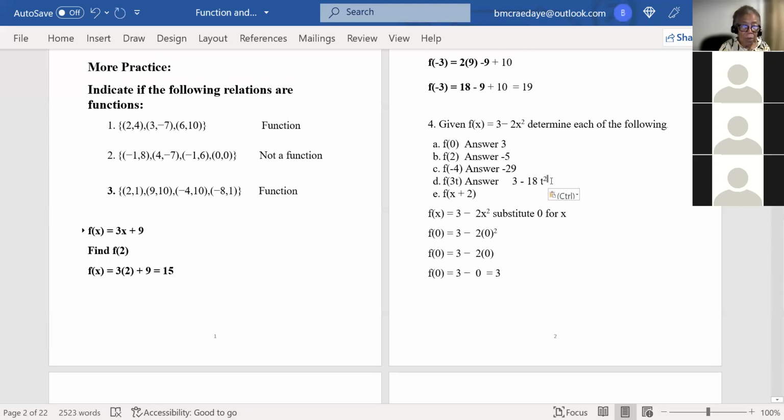Okay. Now, wherever you see an X, you're going to put an X plus 2. So you're trying to find f of X plus 2.